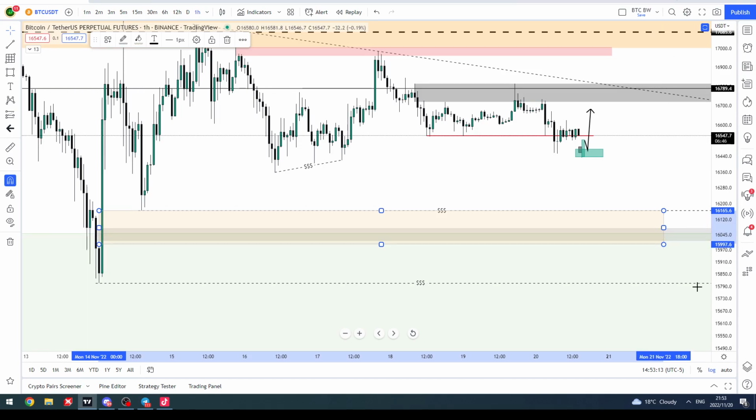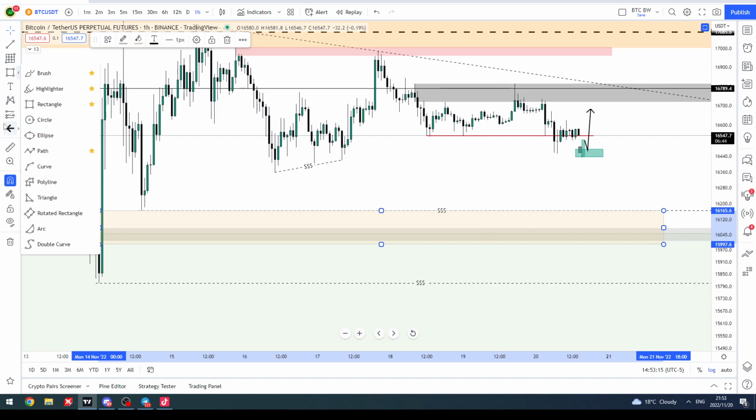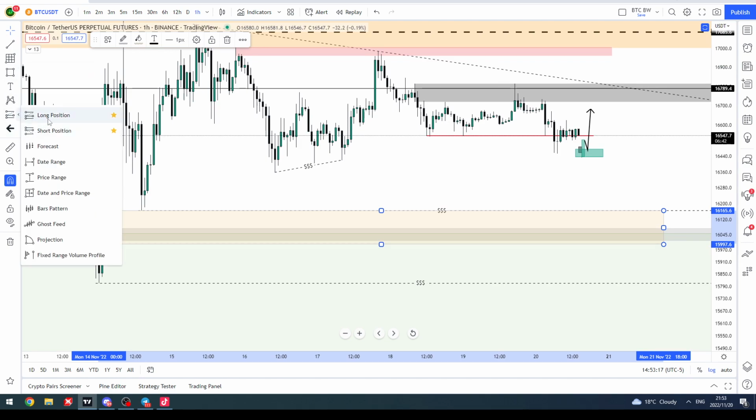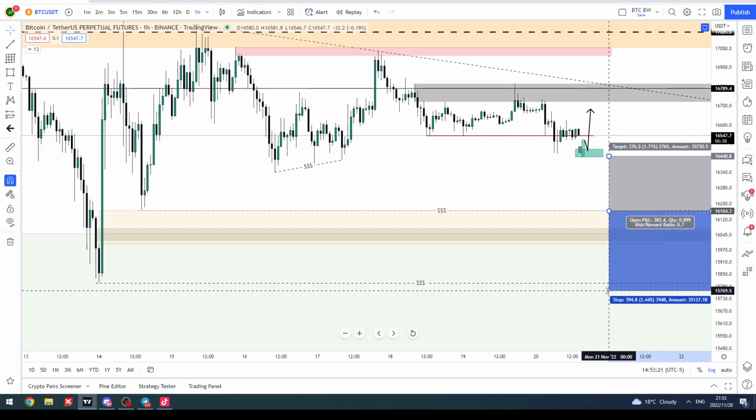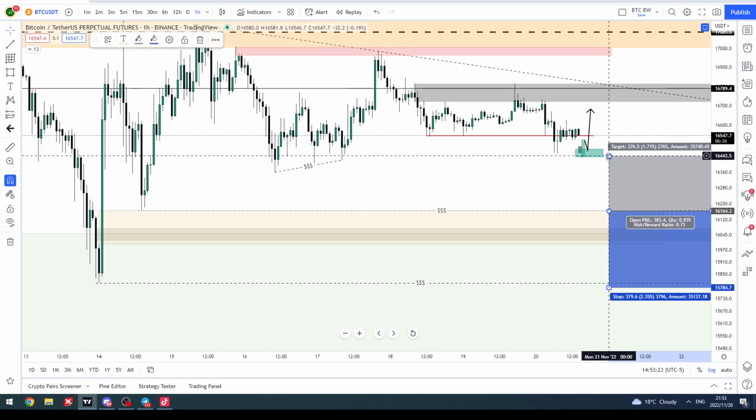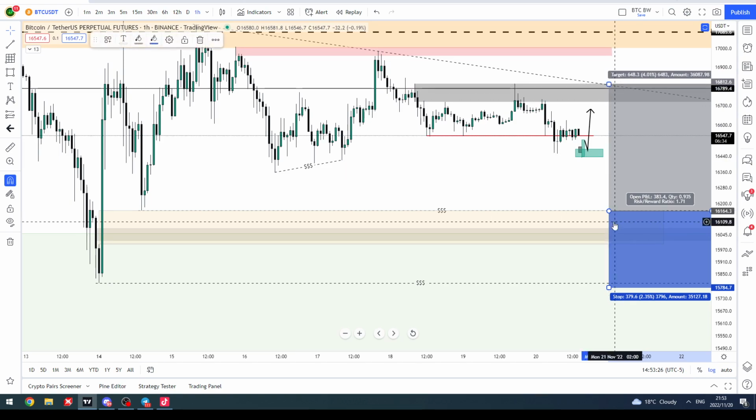Let me set an order to buy. And what I'm going to do is I'm going to put it at 16,156 and I'm going to put my stop loss all the way down here. And then I'm going to target some sort of high up here. You're not going to do that. You're not trading the actual level. What you're going to do is you're going to see what the reaction to that level actually is.